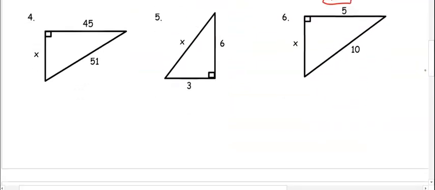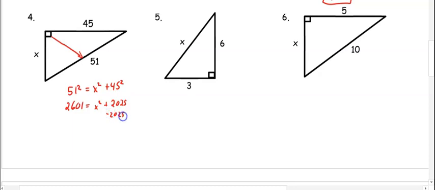In number four, when we go to do the Pythagorean theorem, 51 is across from the right angle, so 51 squared equals x squared plus 45 squared. So we have 2,601 equals x squared plus 2,025.